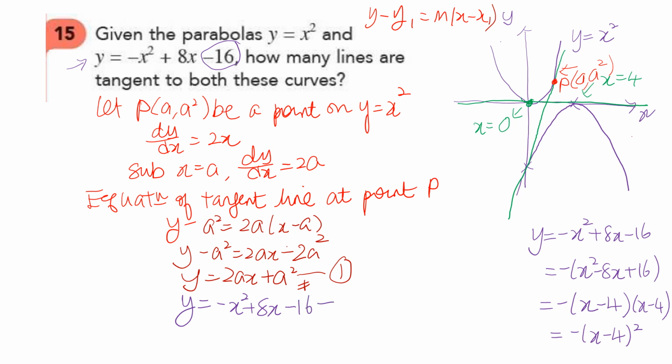Alright, so I'm going to generate equations, solve them simultaneously, generate equations in terms of x only. So I will have negative x squared plus 8x. Okay, I think I need more space.